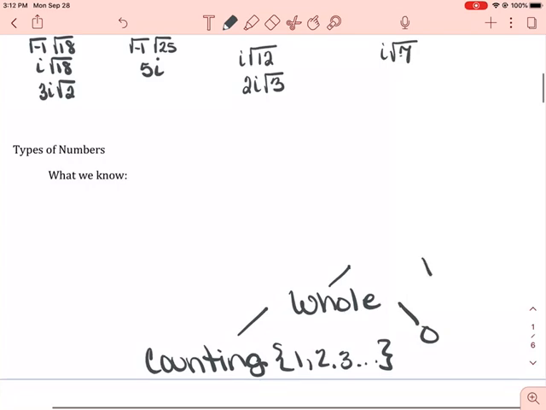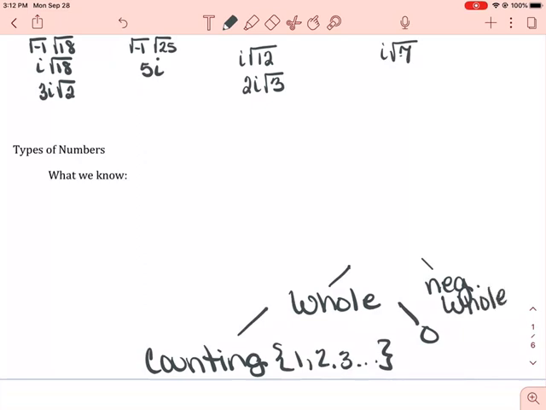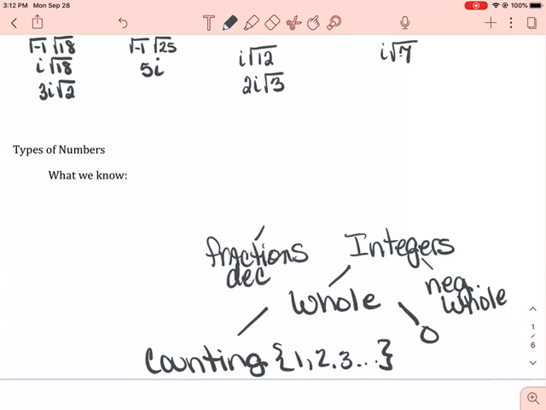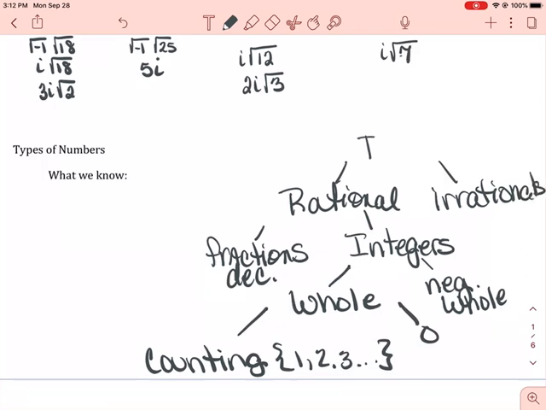If you put wholes with negative numbers, you get integers. If you put integers with fractions and decimals, you get rationals. And if you put rationals with irrationals, you get reals. So those are all the numbers that we know right now.